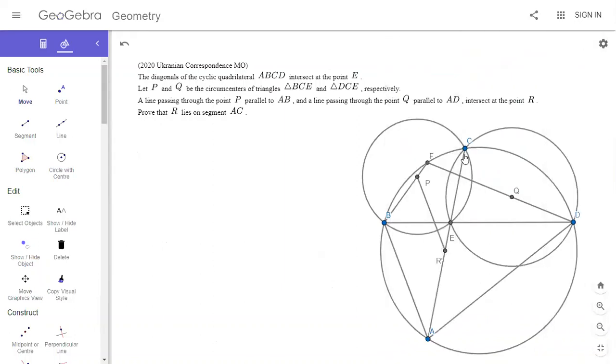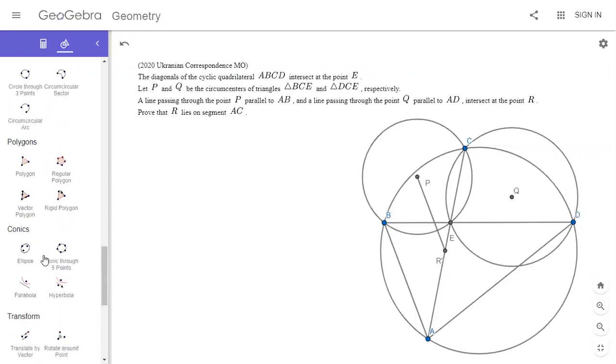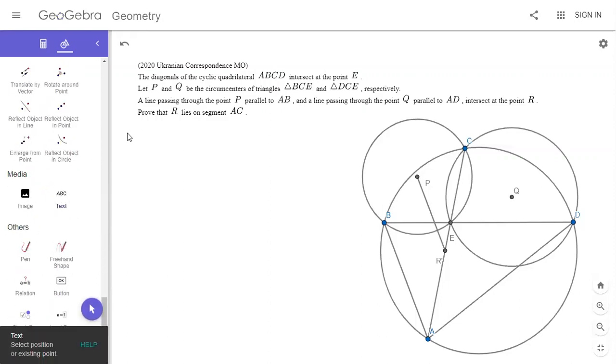And I think we can show, okay, yeah, we don't know that CQ and BP meet on the circle yet, but I'm going to prove it using an angle chase. I'll write it out like this.